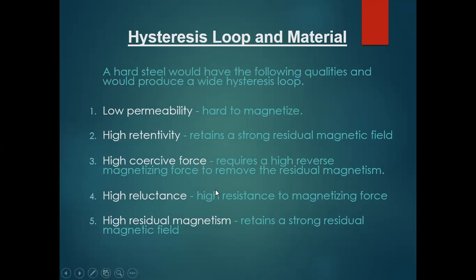High reluctance means the material is hard to magnetize, so it has more reluctance. And if it is hard to magnetize, it will sustain more residual magnetic field, so we can say high residual magnetism or magnetization, both are the same. It retains a strong residual magnetic field.